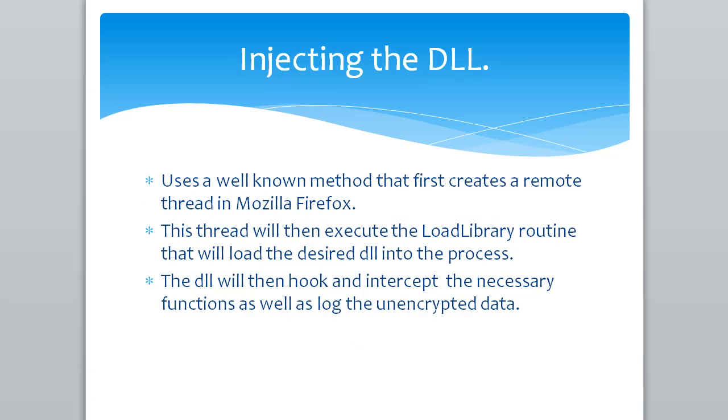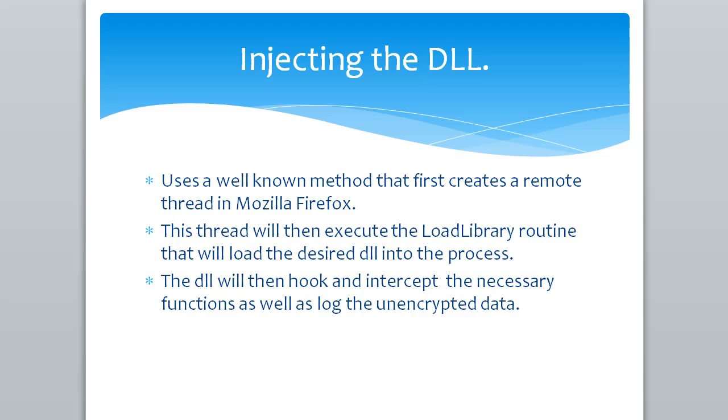To inject the DLL, the executable uses a well-known method that first creates a remote thread, and this remote thread will then execute the LoadLibrary routine that will load the desired DLL into the process.